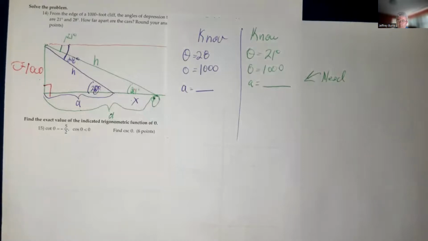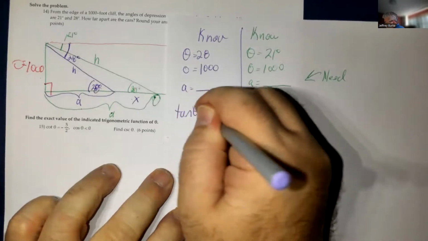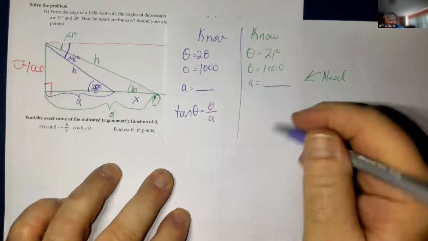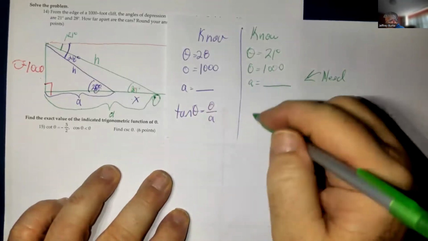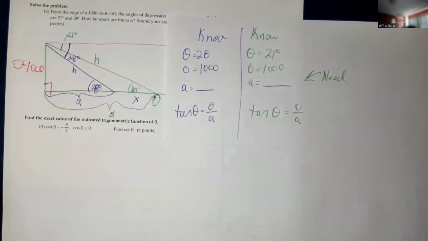Then we ask ourselves, what trig function gives us opposite and adjacent? Of the three, sine, cosine, tangent, which gives us that? It's going to be tangent. So the tangent of theta is going to equal the opposite over the adjacent. And over here, the tan of theta equals the opposite over adjacent. From here, we can solve for the adjacent side.